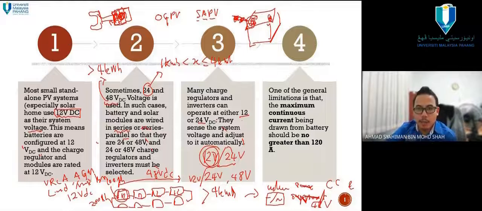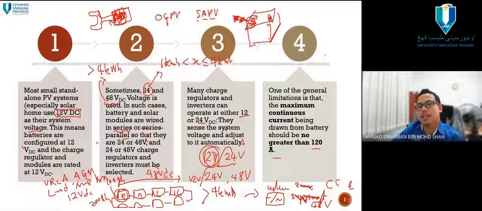Okay, one of the general limitations is that the maximum continuous current being drawn from the battery should be no greater than 120 amps for a single battery, but I think there's a rating for that. If I'm not mistaken, tak ingat lah apa lah. Dia ada size dia.